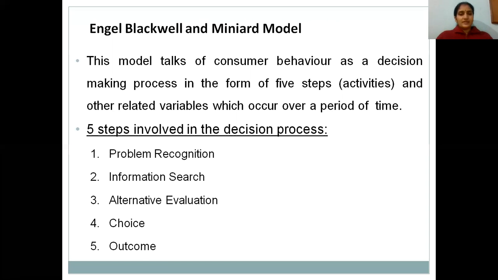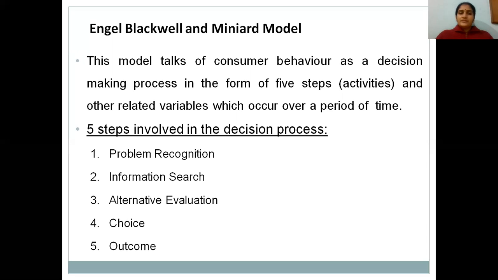Once the problem is recognized, we will search for information to solve it. How best can we solve the problem? The information would be gathered from various sources. After searching for and receiving the information, we will evaluate the alternatives we have, so the various available alternatives would be evaluated.